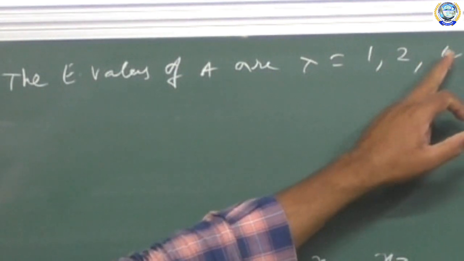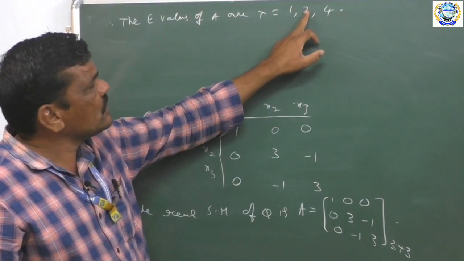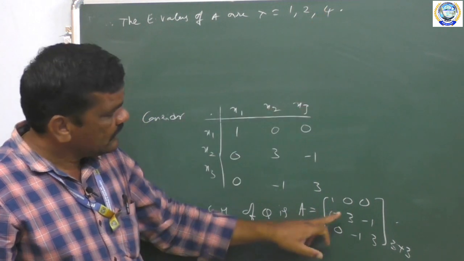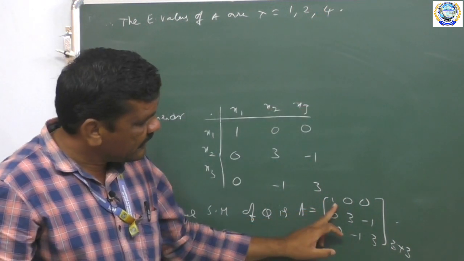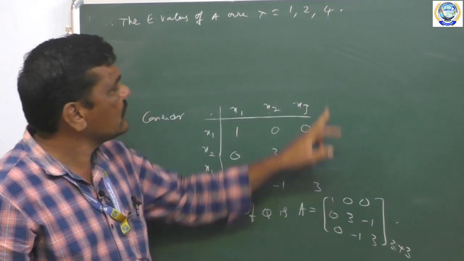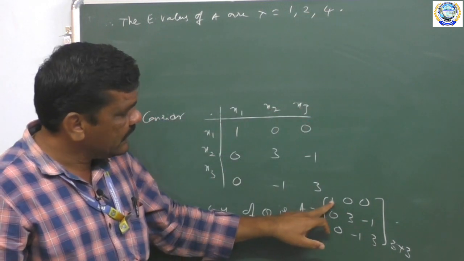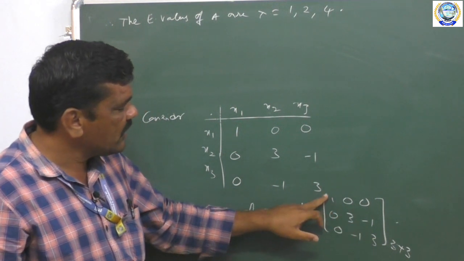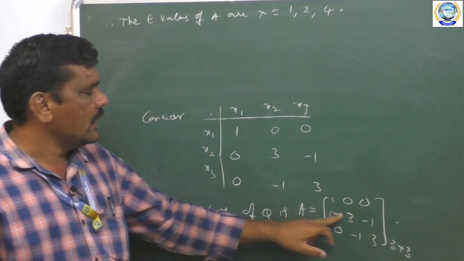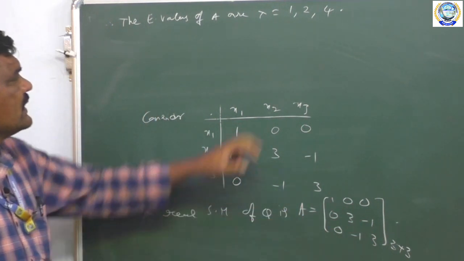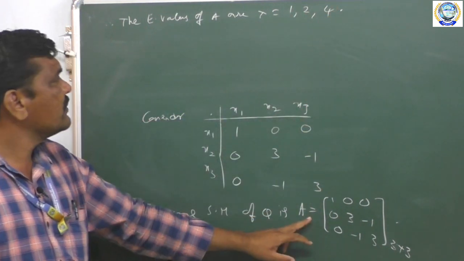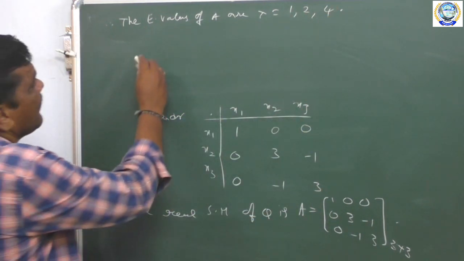Here the sum of these eigenvalues is 1 plus 2 plus 4, that is 7, and the sum of the diagonal elements is 1 plus 3 plus 3, that is 6. So we observe that the sum of the eigenvalues is equal to the trace of the matrix, that is the sum of the diagonal elements in A. Therefore, these are the eigenvalues of this matrix A.